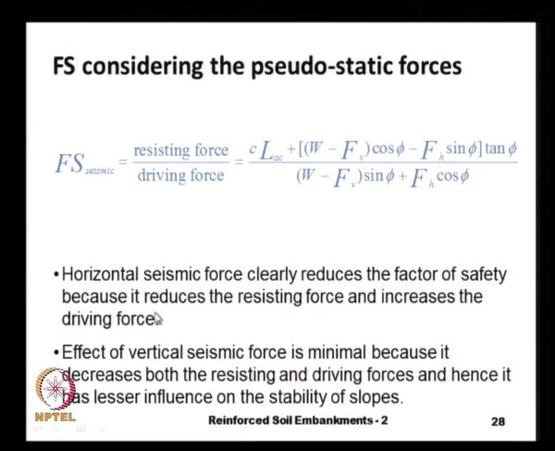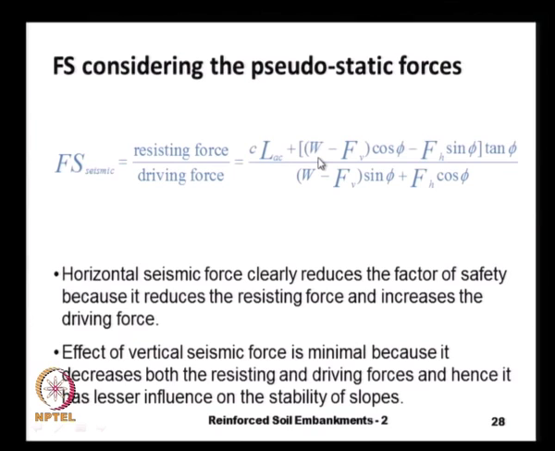So, the horizontal seismic force reduces the factor of safety because it is reducing the resisting force while increasing the driving force, because it is reducing the numerator and increasing the denominator, whereas the vertical seismic force is decreasing the numerator and is also decreasing the denominator.